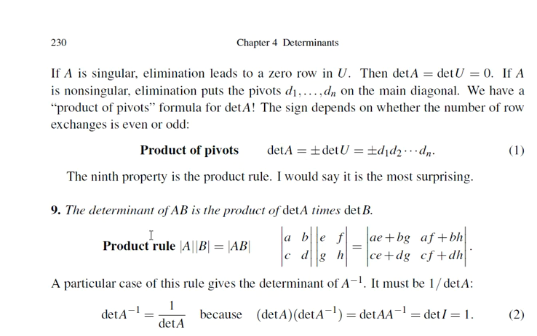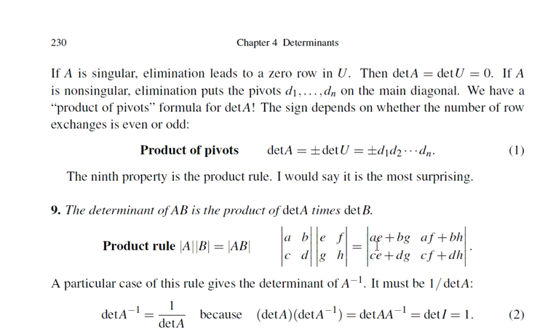The next property is that the determinant of AB is the product of determinant A times determinant B. It says that determinant AB is always equal to determinant A times determinant B, which is true. So for example, let A be the matrix with rows AB and CD, and B be the matrix with rows EF and GH.